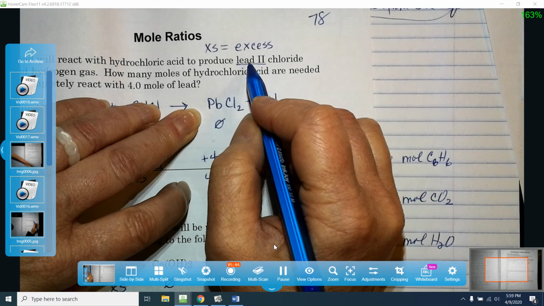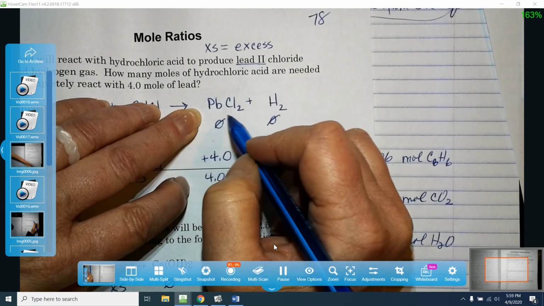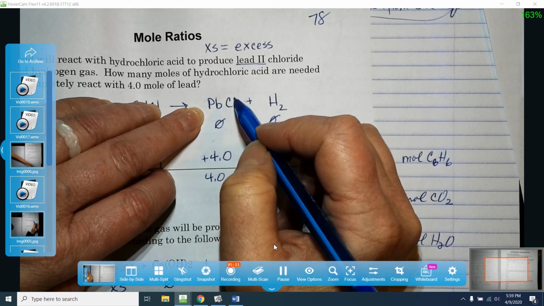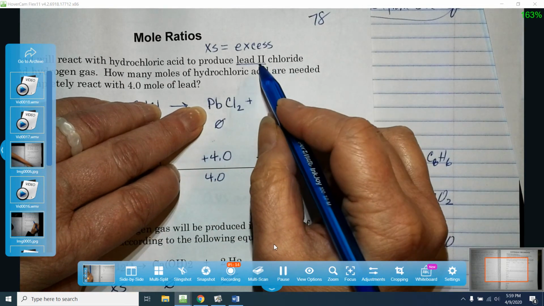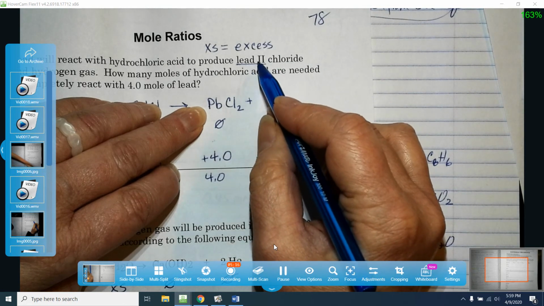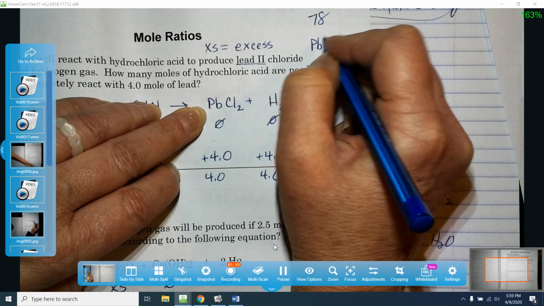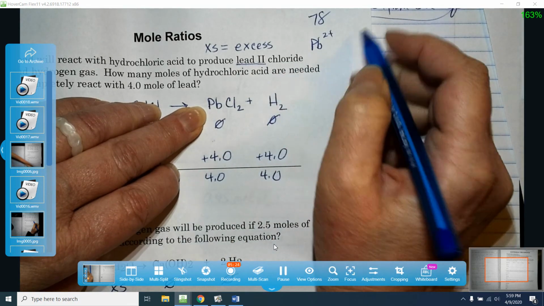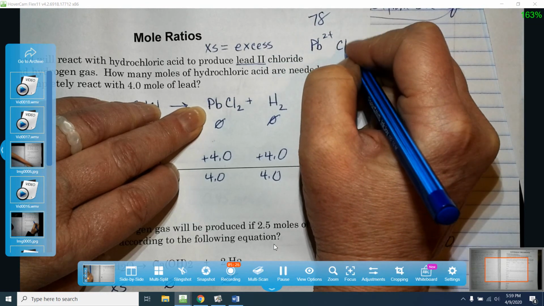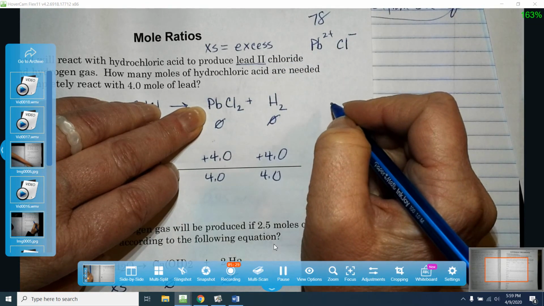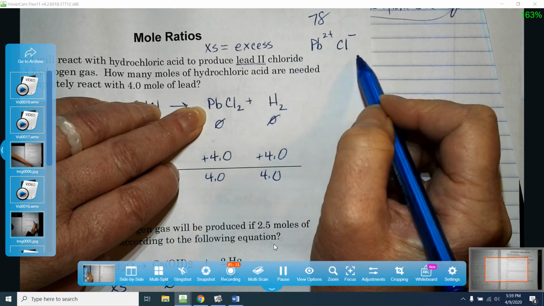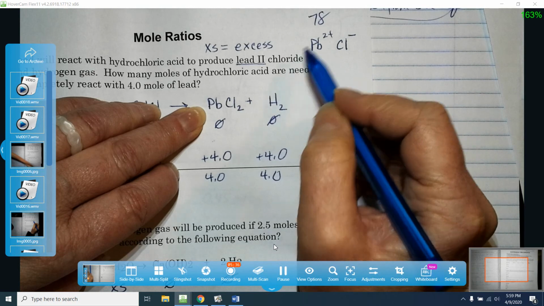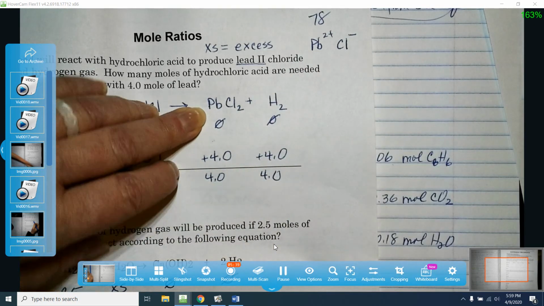So we're going to need the charges of the ions to figure out how to make a zero net charge formula. This Roman numeral 2 means that lead has a +2 charge. Simple. And then chloride, we know from the periodic table that we marked up earlier that it has a -1 charge. And I need to make a neutral combination here, so that means I need 2 of these for every one of those, and that's why it's PbCl2.